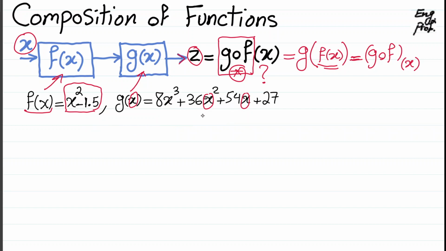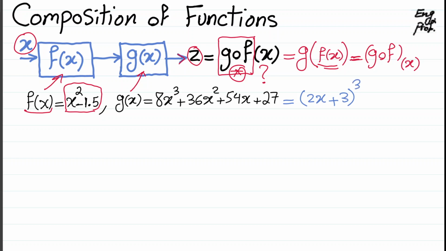But if you carefully take a look at how this g of x looks, let me change the color so that it's more visible. Effectively you can see it's 2x plus 3, to the power 3.